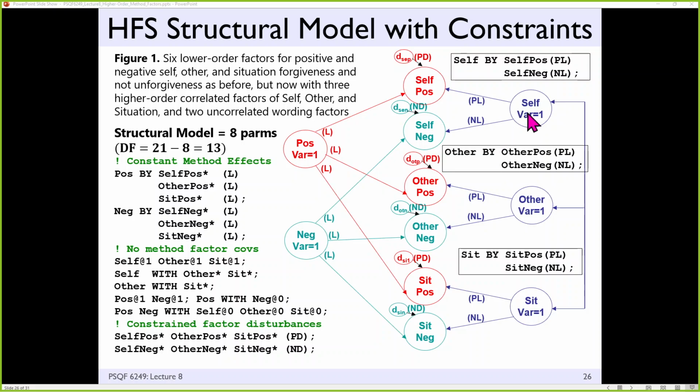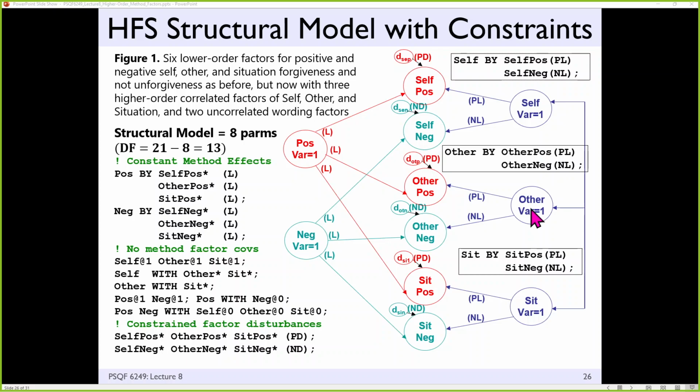So I chose to do it that way, and here's the code by which I would have accomplished that, so that each higher order factor had sort of the same distribution of positive versus negative. Because we think that the extent to which you forgive yourself might be related to the extent to which you forgive others, or the extent to which you forgive situations, we have 3 covariances among these factors.